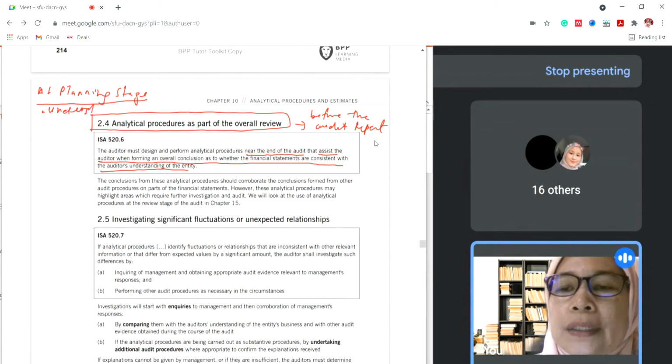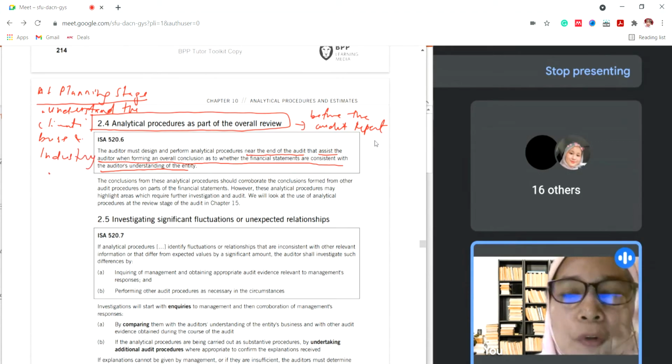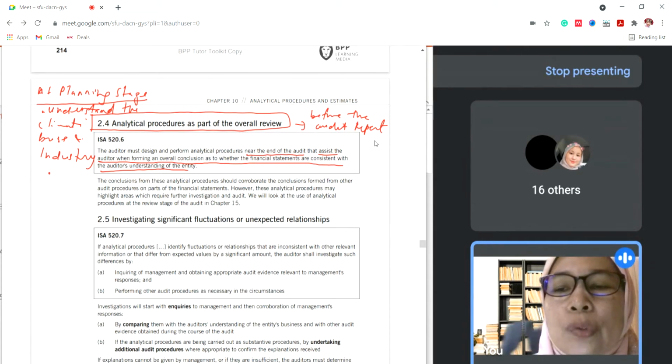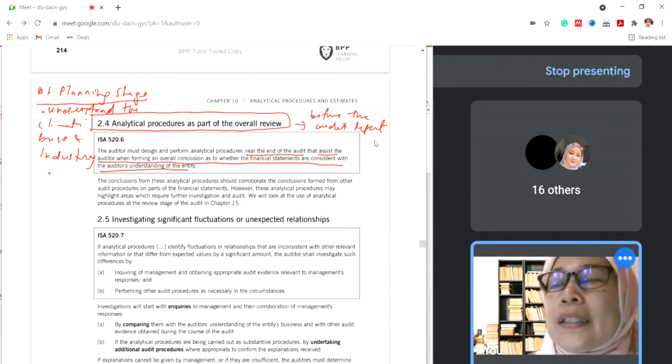You understand the client's business and industry already, and you already determine what the risks involved are, whether it is a financial statement risk at the assertion level or you extend to the substantive, to the detection risk.